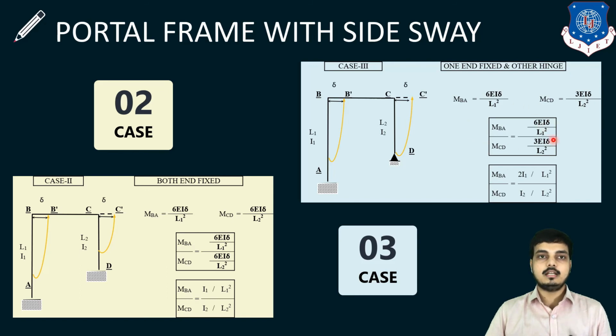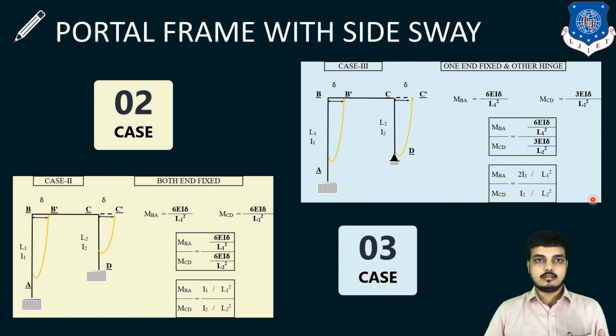So E and delta will cancel out, and I, L1 and L2 will differ. Here 6 and 3 differ, so 2 remains in the numerator: 2I1 upon L1 square to I2 upon L2 square.